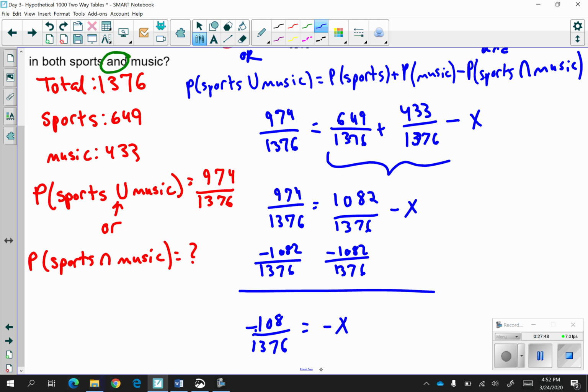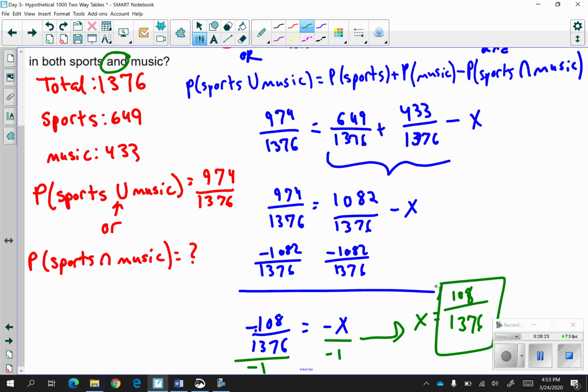Remember that you can't have negative probability. So if negative x is equal to negative 108, then positive x is equal to positive 108 if you divide or multiply both sides by negative 1. So final answer is x. The and probability is going to be 108 students out of the 1,376 total students.